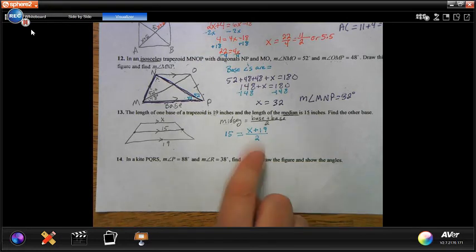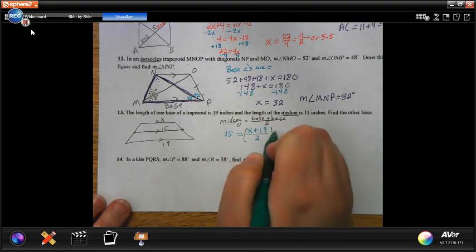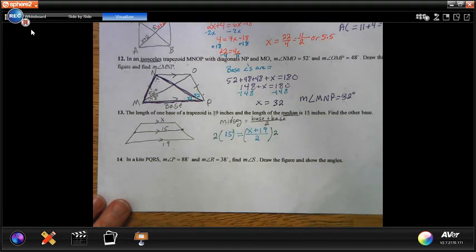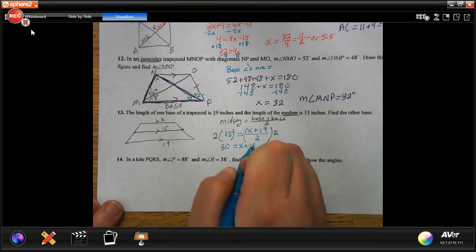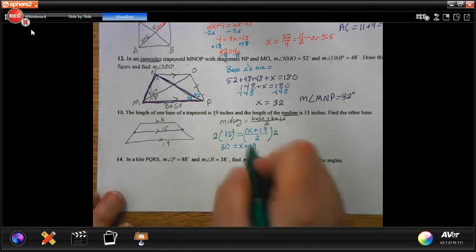I don't like working with fractions. Since I don't like working with fractions, if I multiply by the denominator on both sides, that gets rid of my fraction. So I get 30 equals x plus 19. You get x alone.